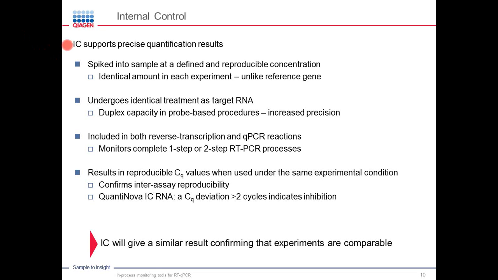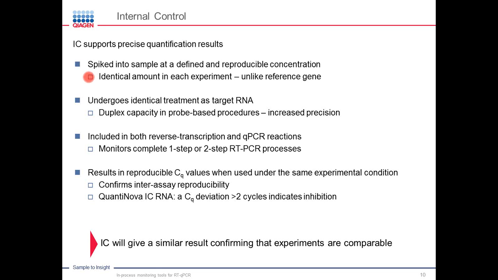An internal control supports the precision of our results or confirms the results by being spiked into our sample at a defined concentration or amount. So that basically means we always have the identical outcome from an internal control.